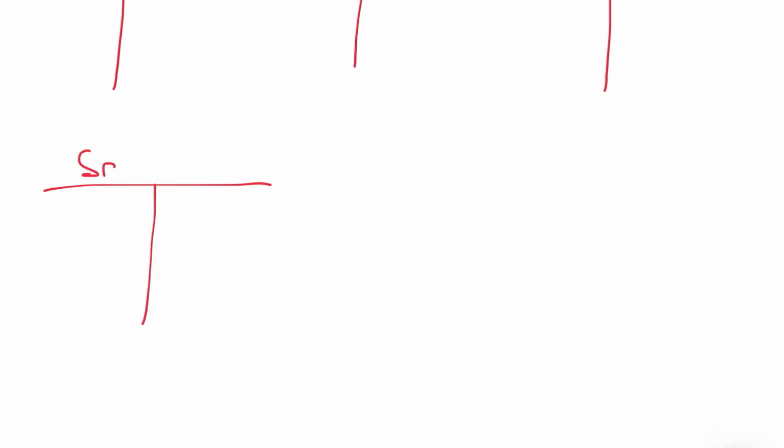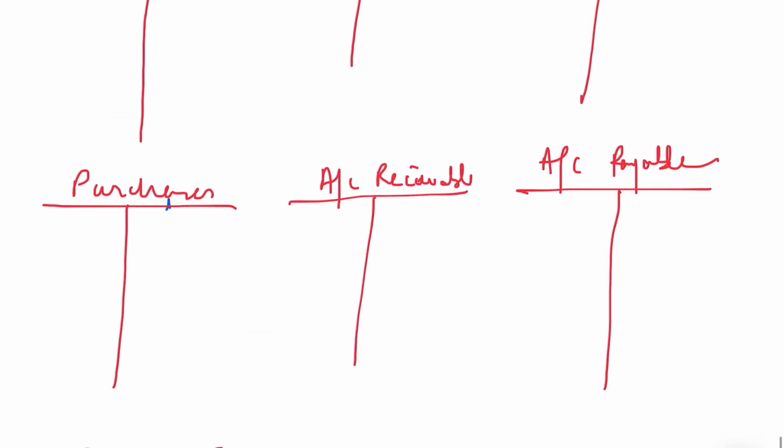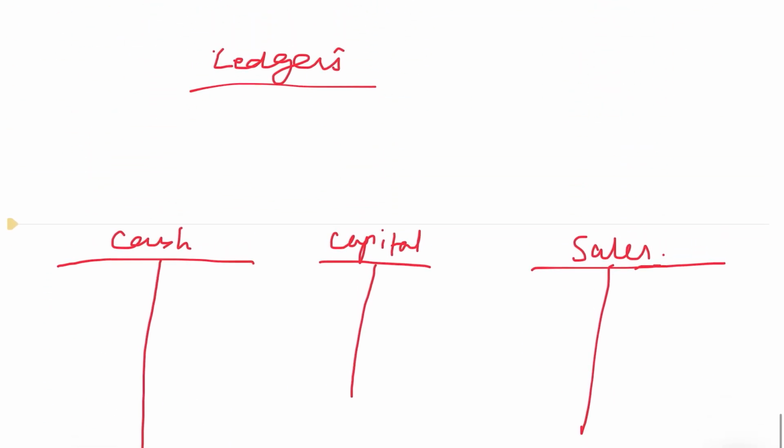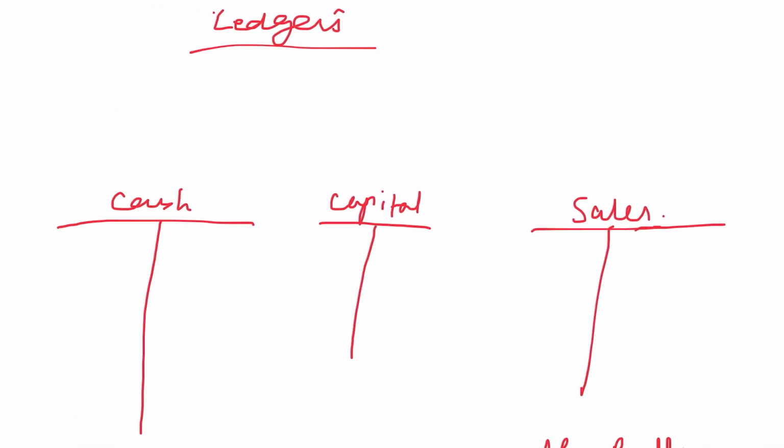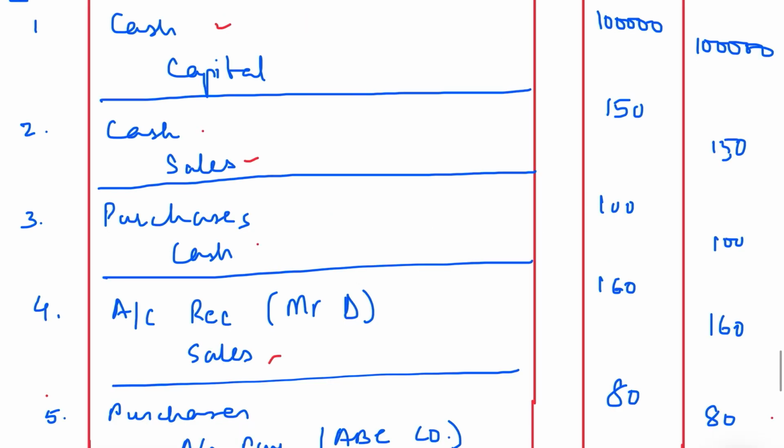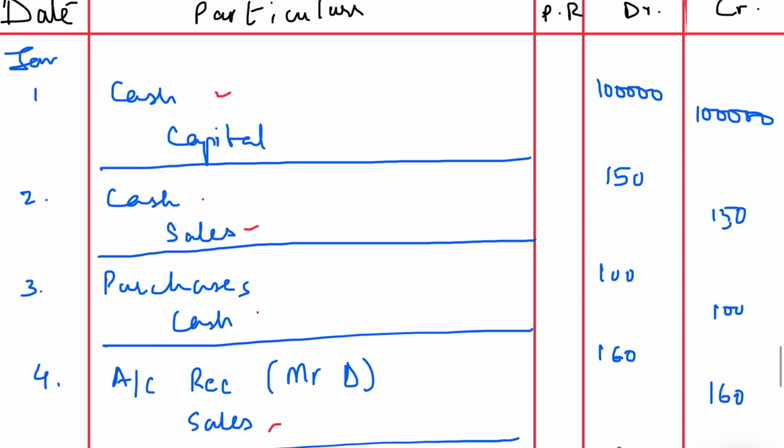And the last is salary expense. Now the ledgers are made, right? Now what we will do, we have to check our transaction. We have to check the journal.